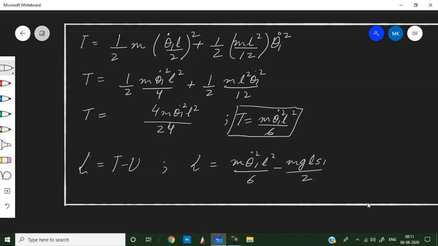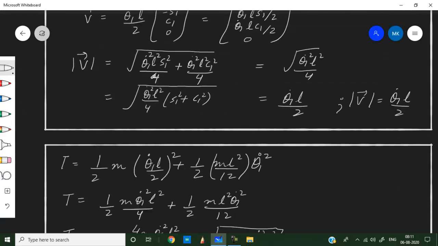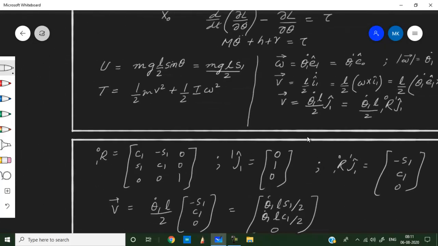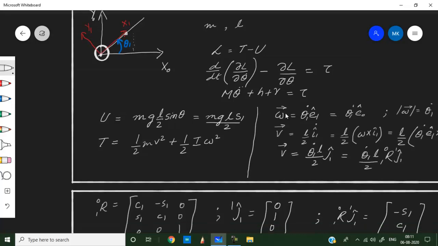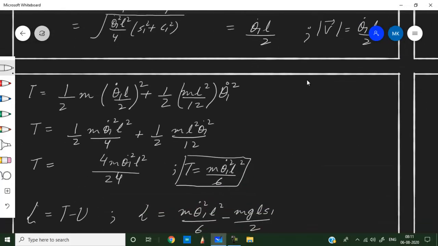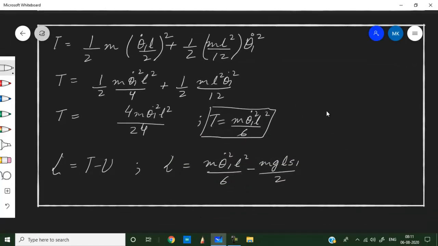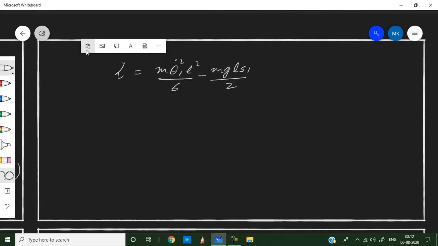So now if we do the differentiation, we first have to find the variation of this L with respect to theta dot and with respect to theta, and then differentiate again with respect to time. So we need terms like d dou L by dou theta dot.